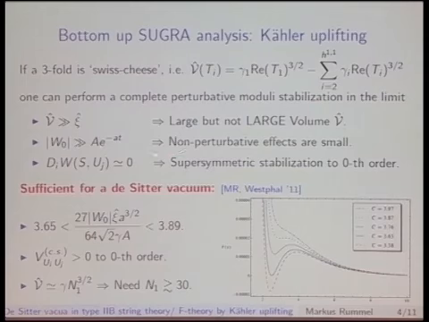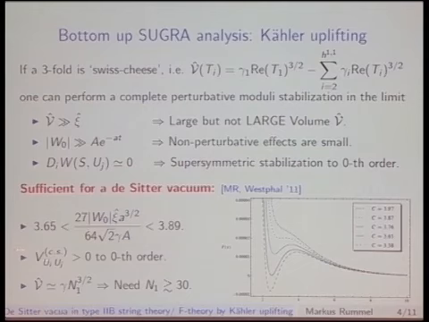Non-perturbative effects are small compared to the flux superpotential, and you supersymmetrically stabilize the dilaton and complex structure moduli to zeroth order. For one modulus, you can make a very simple form of the scalar potential, which is just two terms basically, and your condition for the de Sitter is just given by this constant c. So it tells you what parameters you have to realize in order to go from an AdS to the de Sitter and eventually becomes a runaway.